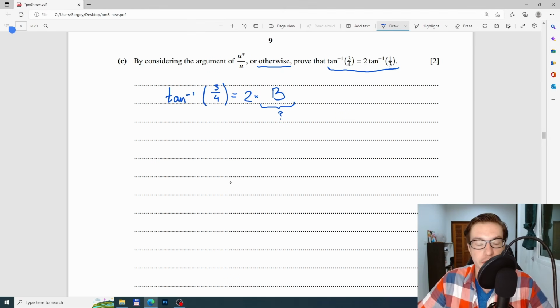And I got the equation, and what I'm going to do now is take tangent of both sides. So I'll get tangent of the inverse tangent of 3 over 4 equals tangent 2b.